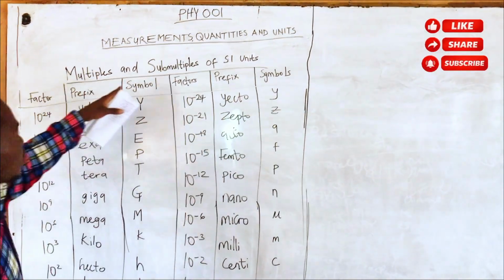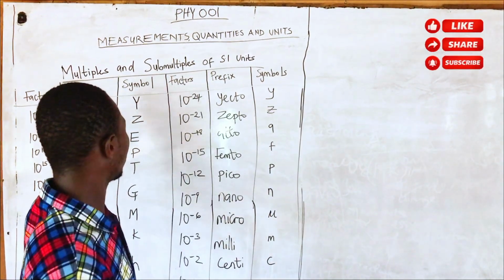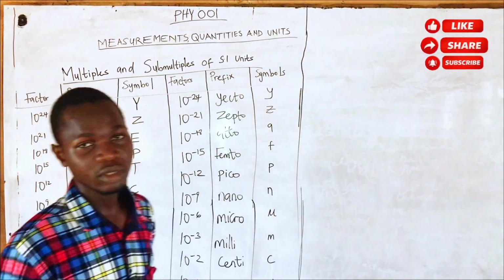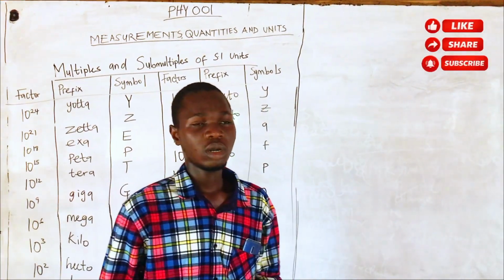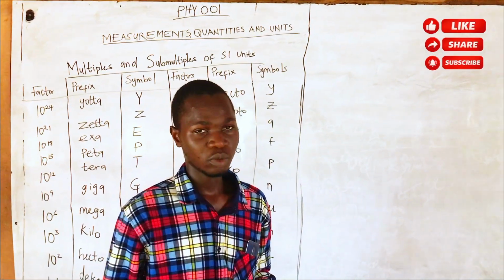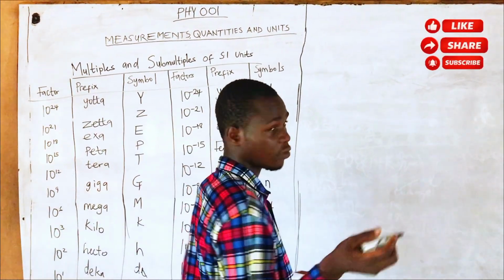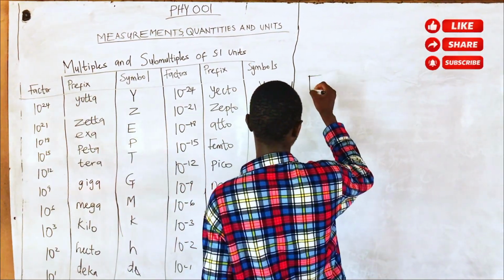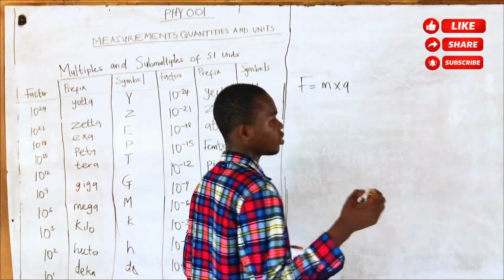Okay. Moving on to multiples and submultiples of SI units. These multiples and submultiples of SI units are very important, in the fact that they are used when you want to solve physics problems. For example, you are asked to find force. As you know, force is mass times acceleration.